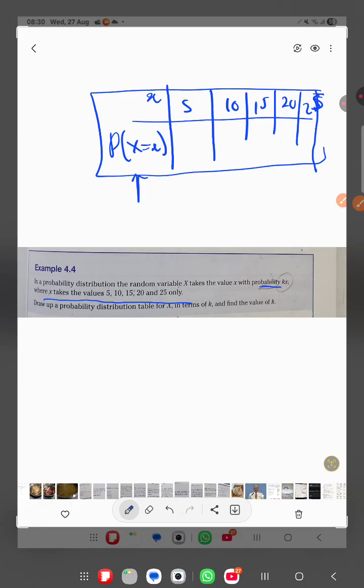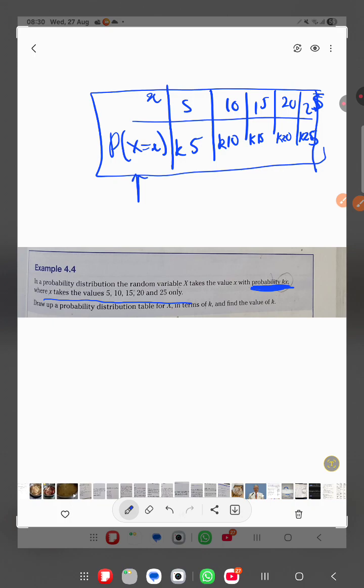However, the probability is kx. I need you to pause and think and solve this yourself if you can before you continue to watch the video. Pause, think, and solve. The probability is kx. What does that mean? It's k times x, basically. So it's k times 5, k times 10, k times 15, k times 20, and k times 25. Is that what they're saying?